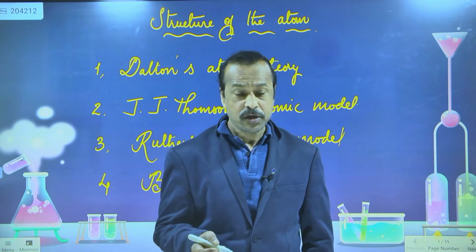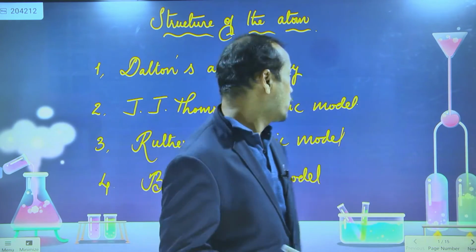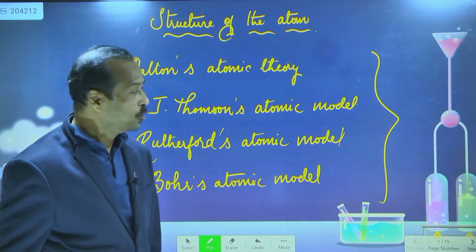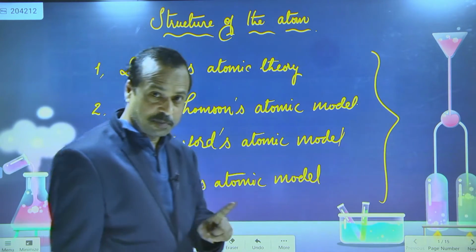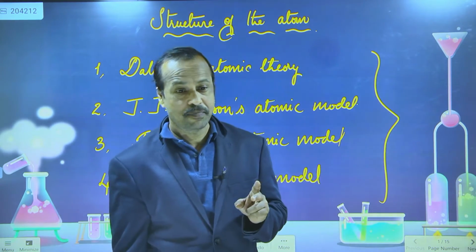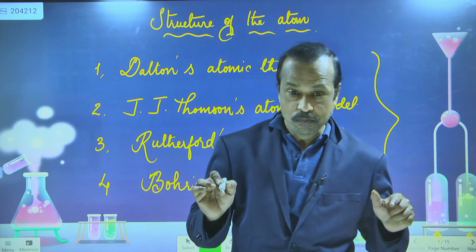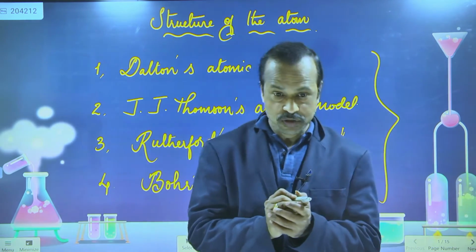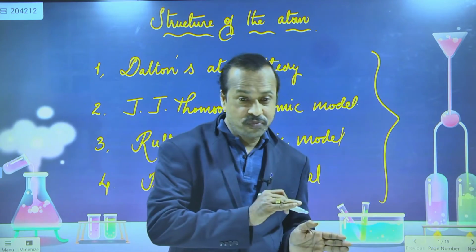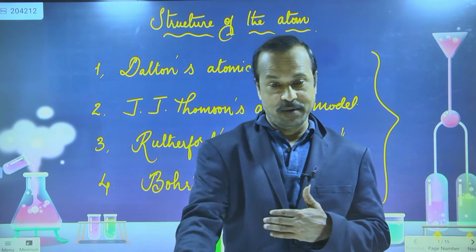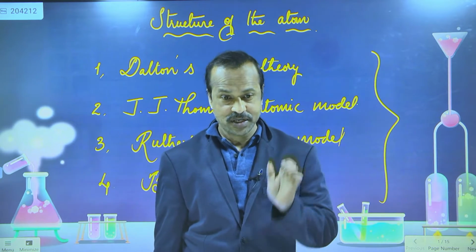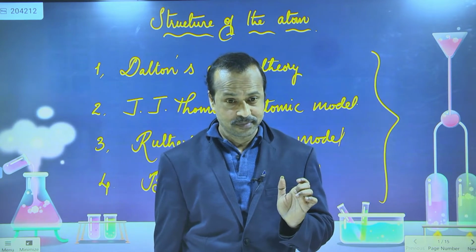All these things we are going to discuss in this chapter: their experiments, the conclusions of the experiments, the models they proposed based on those conclusions, the failures, and how those failures were rectified in the next models. Is this clear to you?